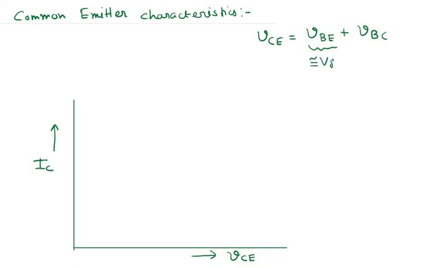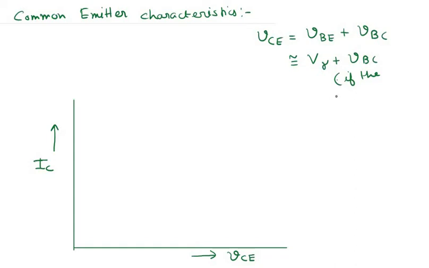So VCE is approximately equal to V gamma plus VCB if the transistor is in forward active mode.